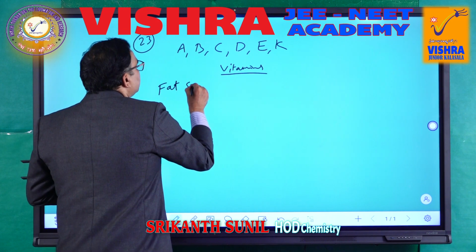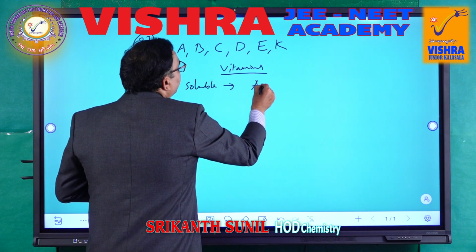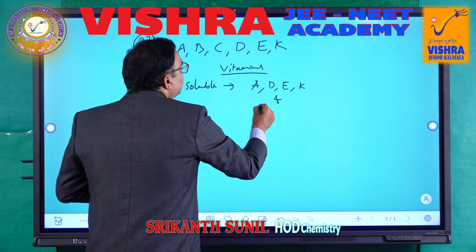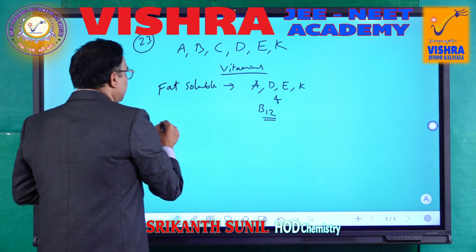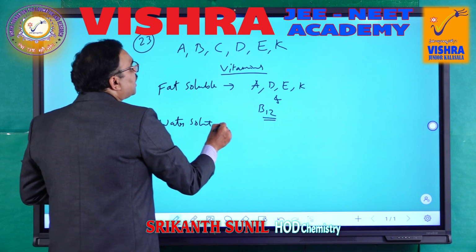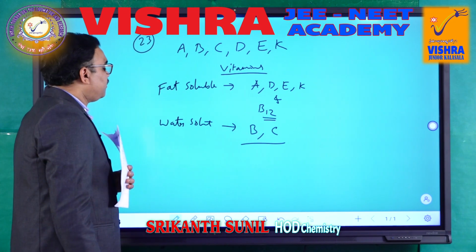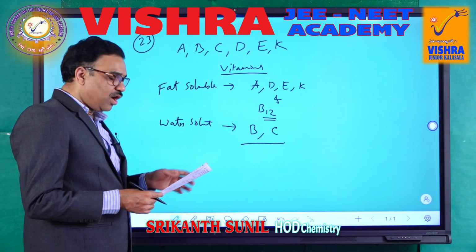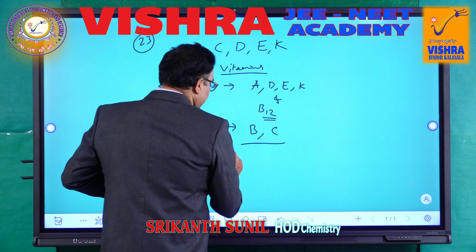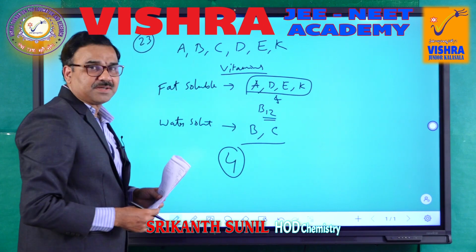Fat soluble ones are A, D, E, K, and we can say vitamin B12 also is fat soluble. Water soluble are all other B vitamins and C. Both are water soluble. So they asked, how many of the following vitamins are stored in human body? So 4 is our answer. A, D, E, K, these 4.